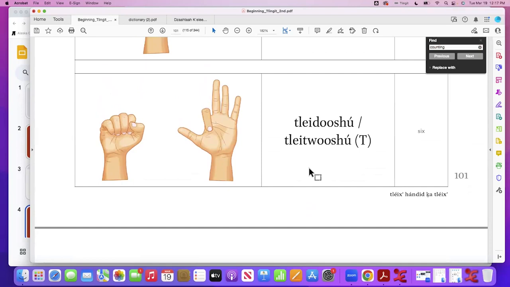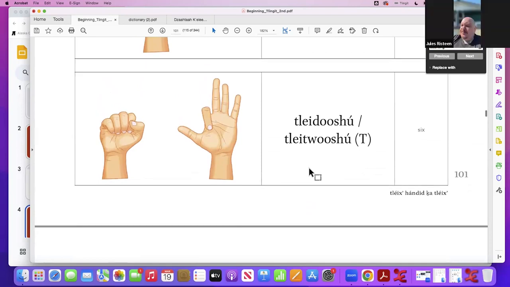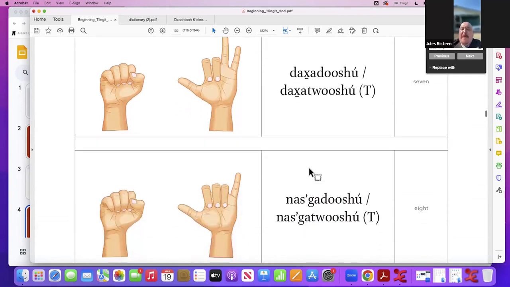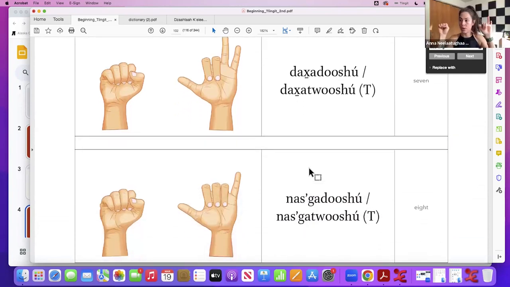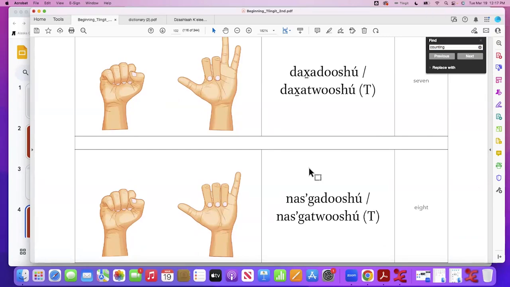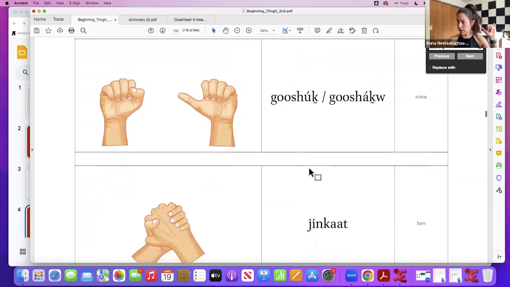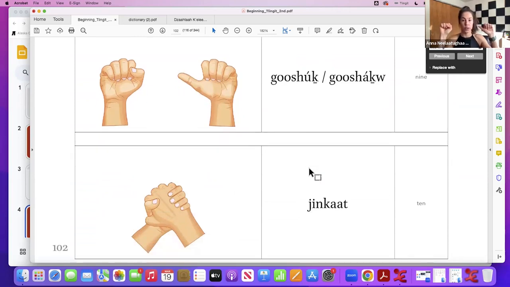Dacha de chou. Daga de chou. Naska de chou. Gushuk. Jinkat.